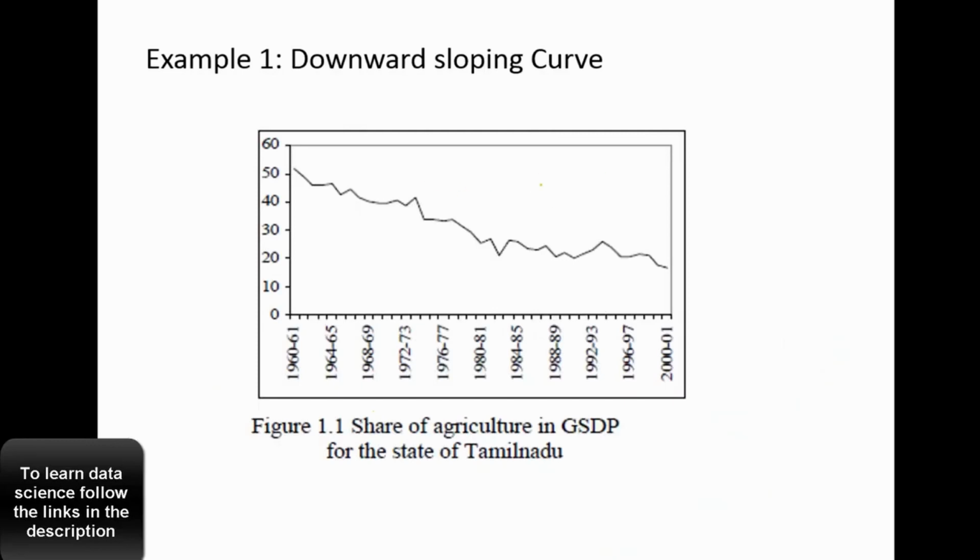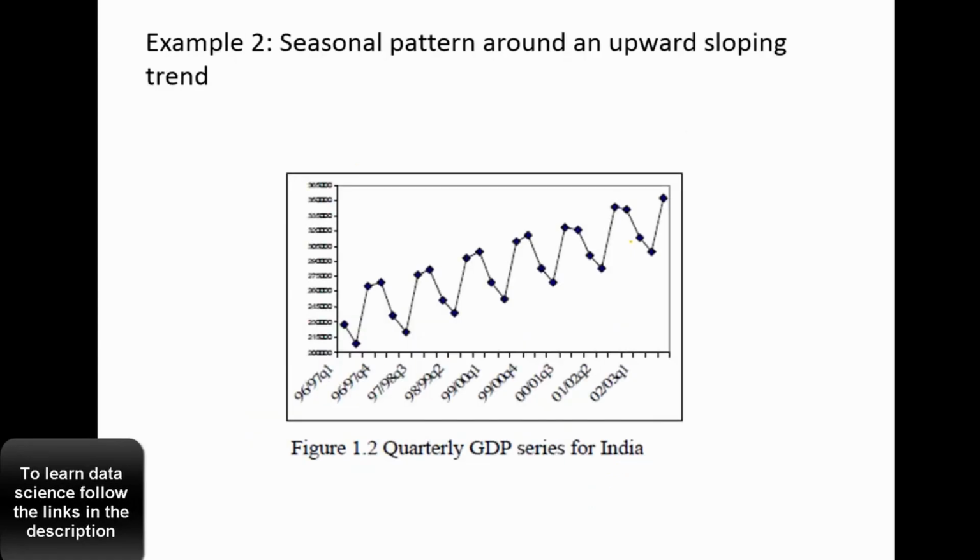So you probably have a downward sloping time series data. We are using the GDP data for one of the states in India. So this is downward sloping from 1961 to 2001. So you can say downward sloping data for GDP, and there will be upward sloping data.